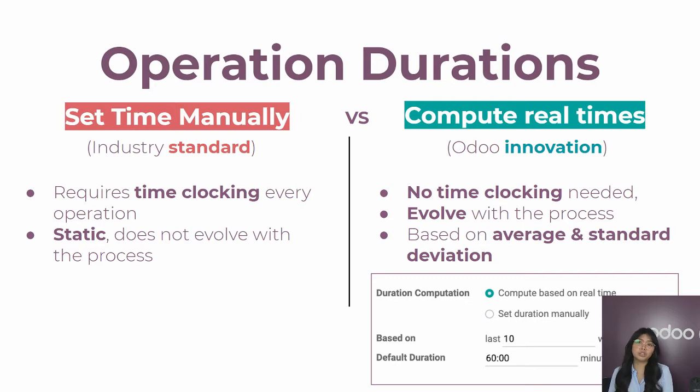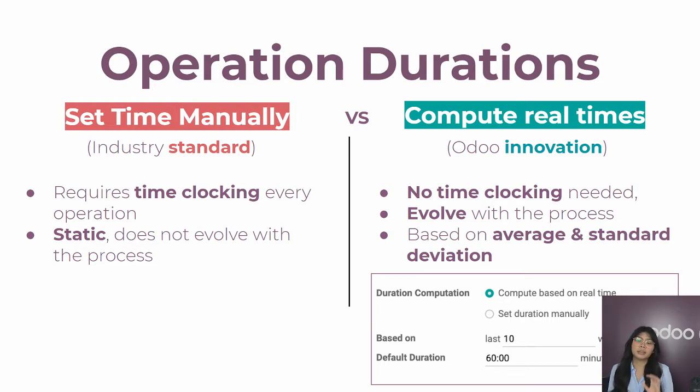Sa operation durations naman, sinabi natin na gusto rin natin makita kung gaano ba katagal talaga gumawa ng ube jam. Gaano ba katagal yung recipe natin, yung ating pag-bottling process. Pwede ba natin na iset yun na, sige mag-aalat ako ng 1 oras para gumawa ng jam at 10 minuto para sa pagbabottle at pagpapackage ng aking ube jam.